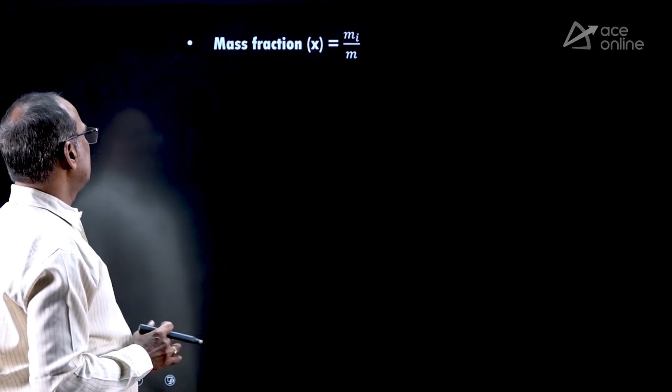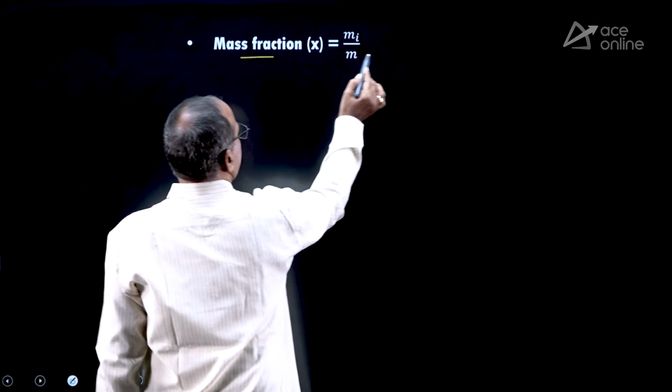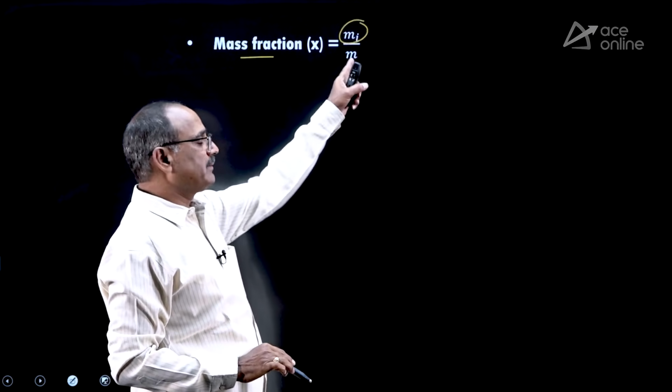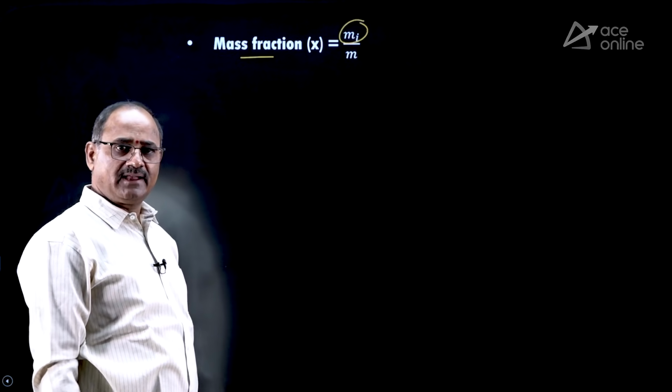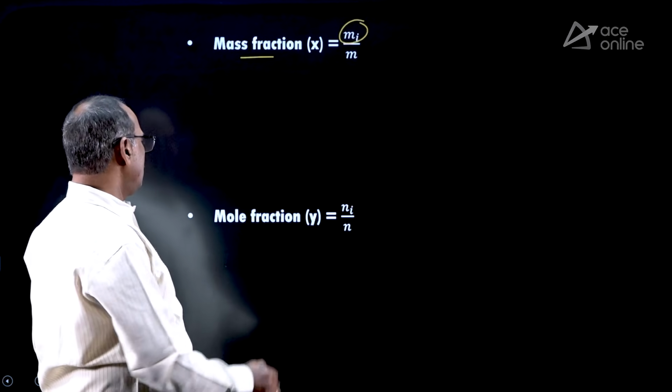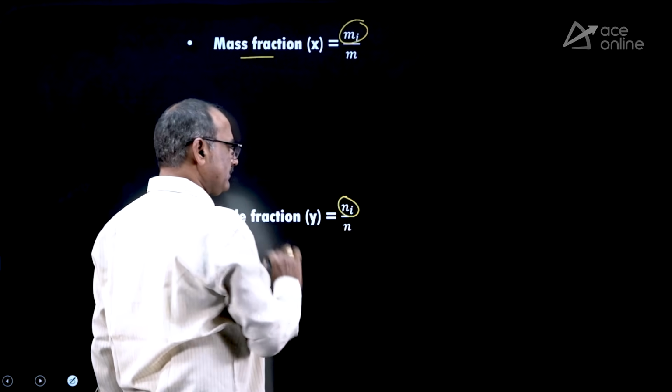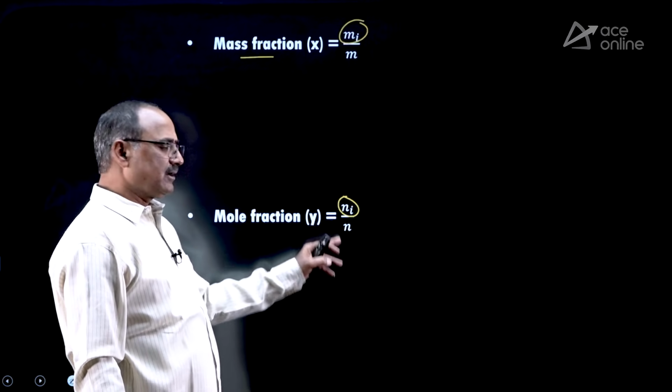Similarly, look at the definition for mass fraction. Mass fraction x equals the mass of an ideal gas in the mixture divided by the total mass of the ideal gas mixture. Similarly, the mole fraction is the number of moles of one ideal gas in the mixture divided by the total number of moles.